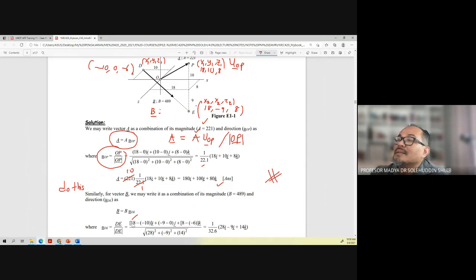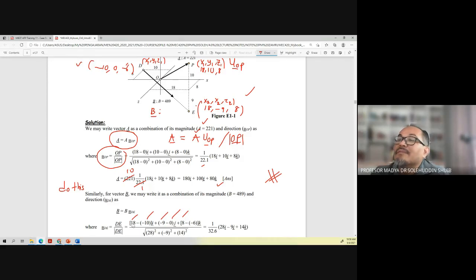This is minus 9. This is 8. And then we have here minus 10, we have 0, and we have minus 6. So this is the coordinate at E, and we have also done the coordinate at D.